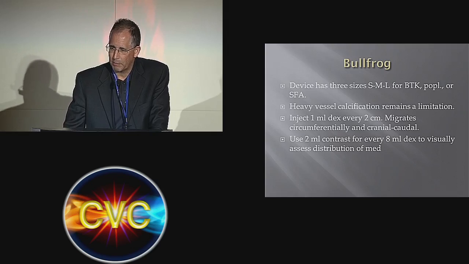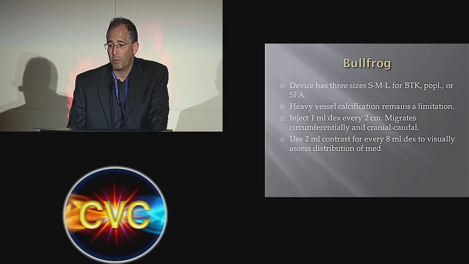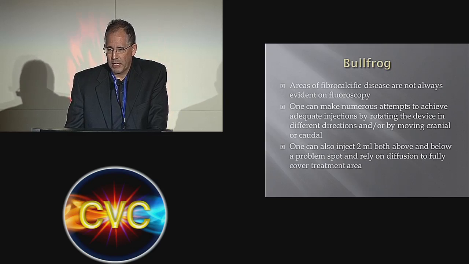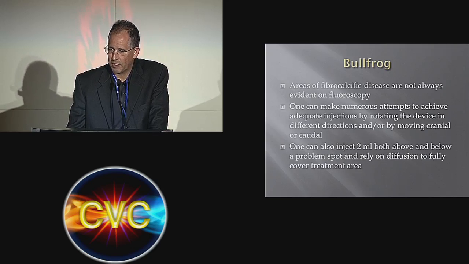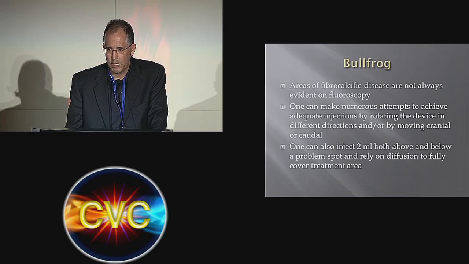So it's just something to think about, but I would say with the Bullfrog, the failure mode is actually pretty easy to retreat. The limitation of the device is that the needle is exactly that. It's a needle, and if you have heavily calcified fibrocalcific disease, you can't get the needle to penetrate. So sometimes you have to move the needle forward, backward, rotate the device around to find an area where you can inject.